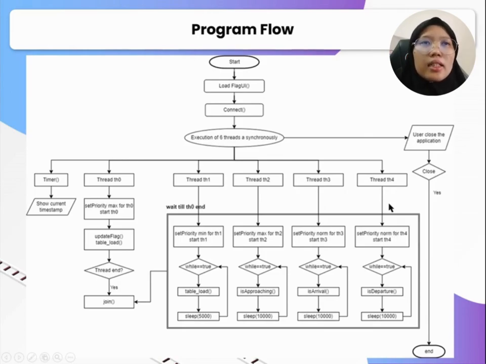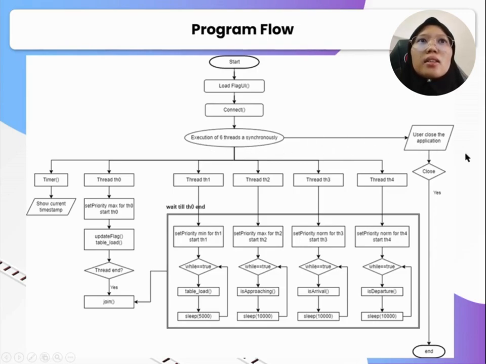Next, thread TH4: set priority norm for TH4, then start TH4. While the loop is true, it will call the isDeparture function and sleep 10 seconds. The departure function updates the flag from arrival to departure.